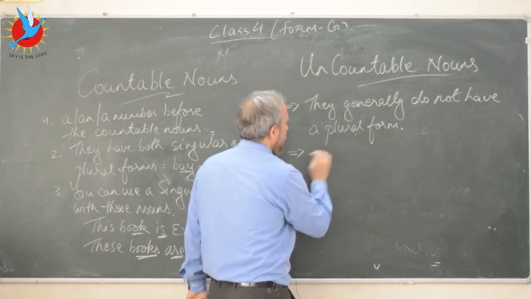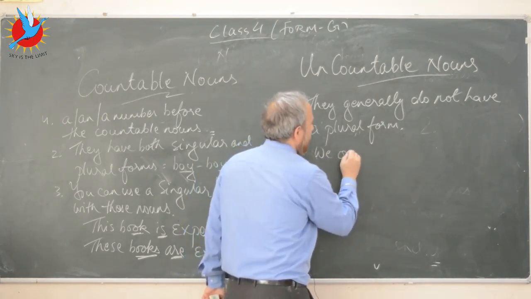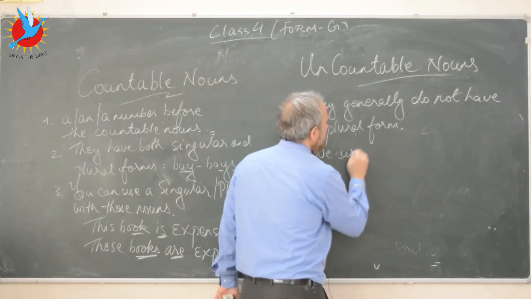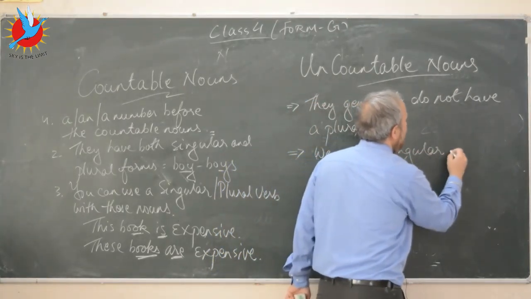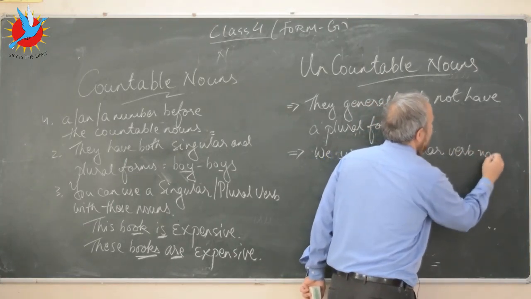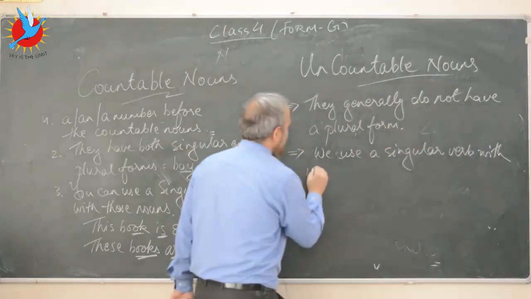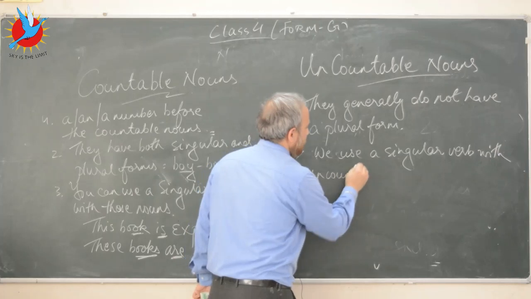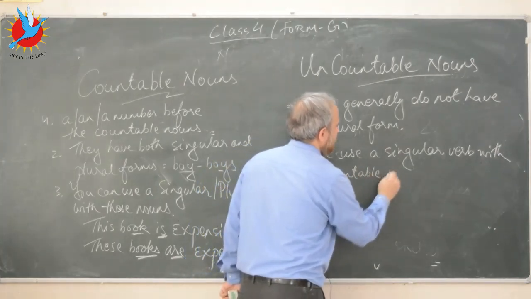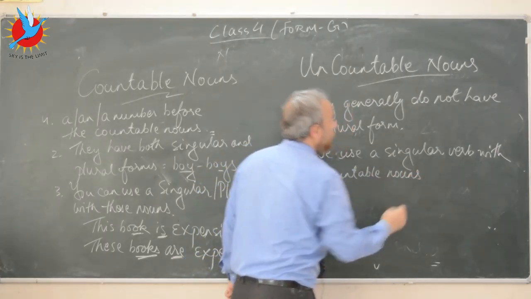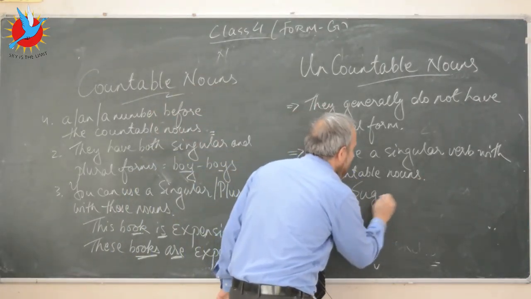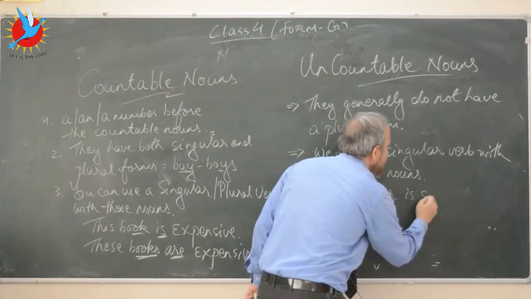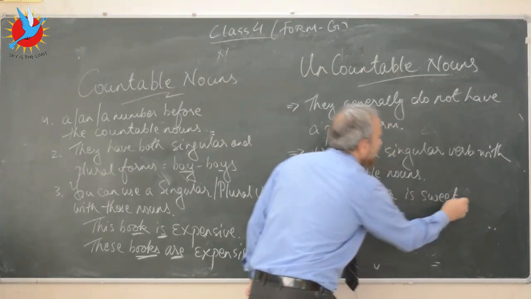We use a singular verb with uncountable nouns. For example, I can say sugar is sweet.